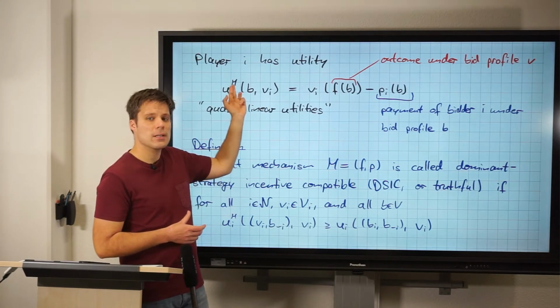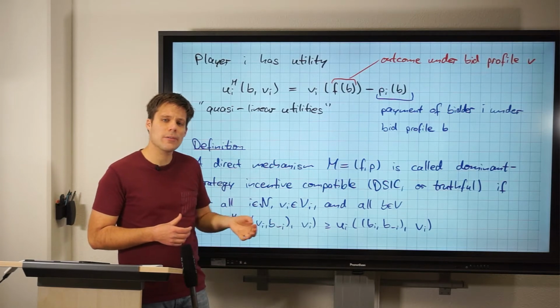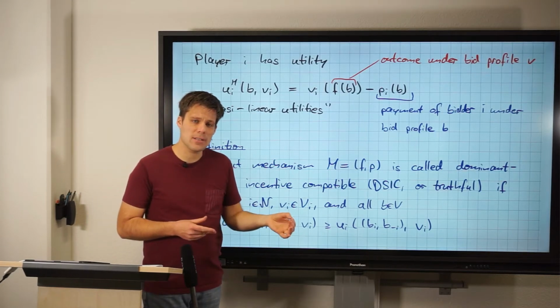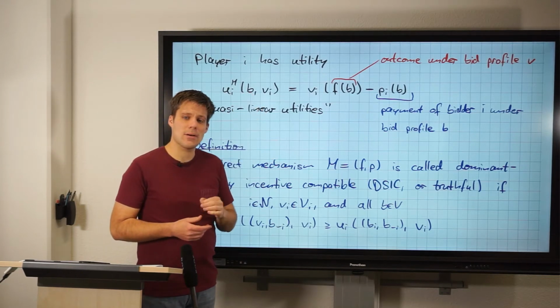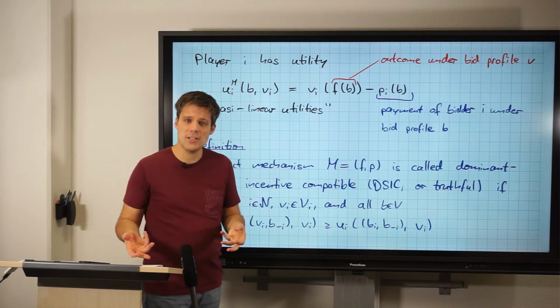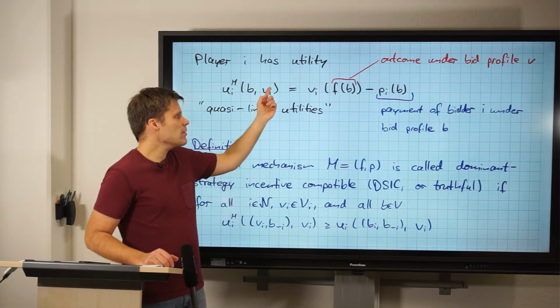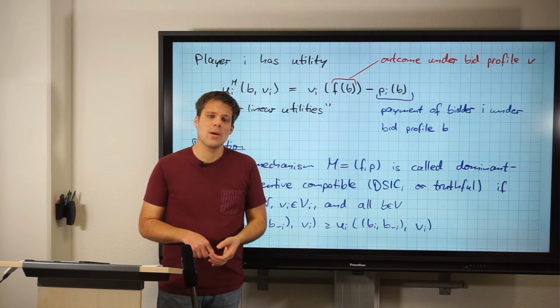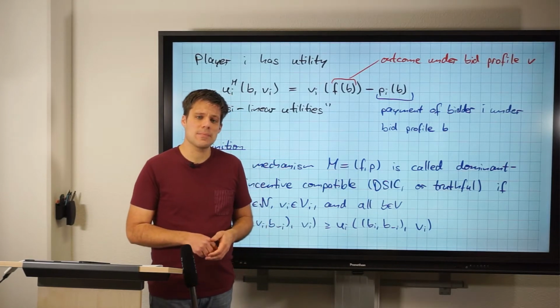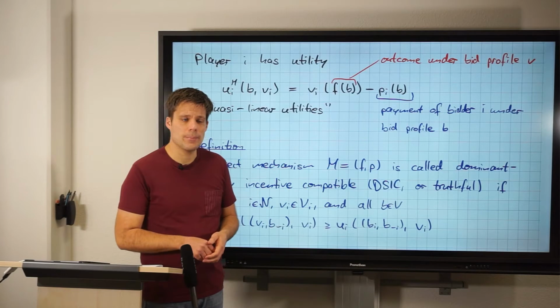Once again, we have the superscript m here, which we often leave out, which refers to which mechanism we're applying. Then this depends on b, which are the strategies in this game. But then this also depends on v_i, the private valuation function, which we as the mechanism designer don't know.